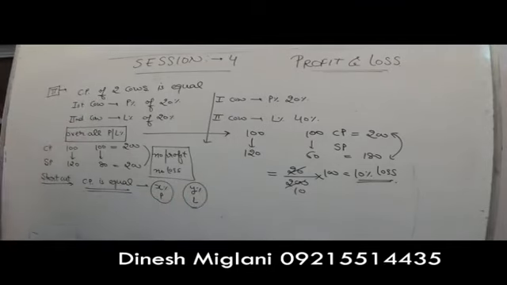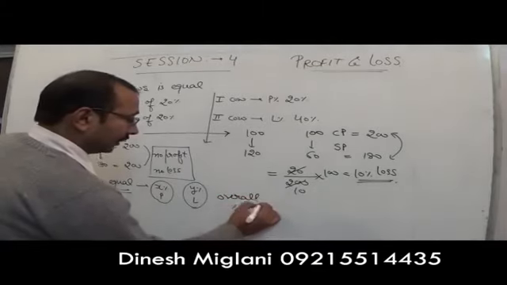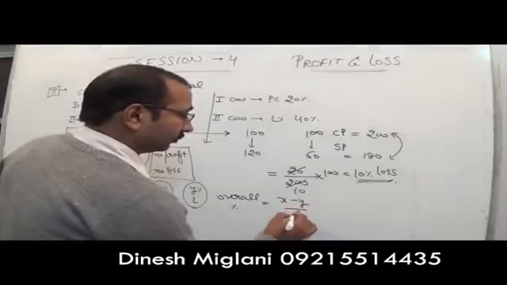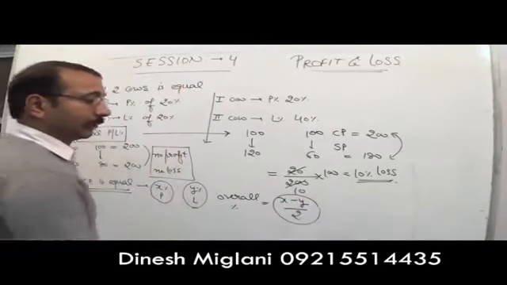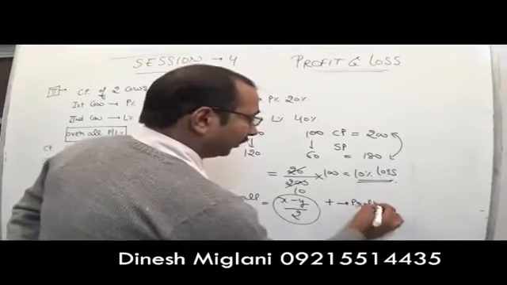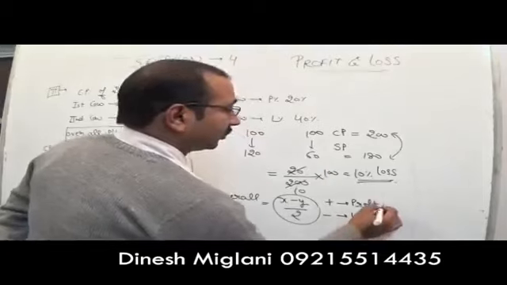If profit is there, we will take it as plus. If loss is there, we will take it as minus. I have to find my overall profit or loss percentage. Just take the average. It means X minus Y divided by 2. If it is positive, it means it is profit percentage. If it is negative, it means it is loss percentage.